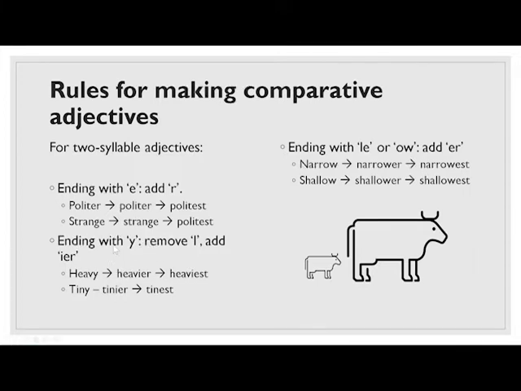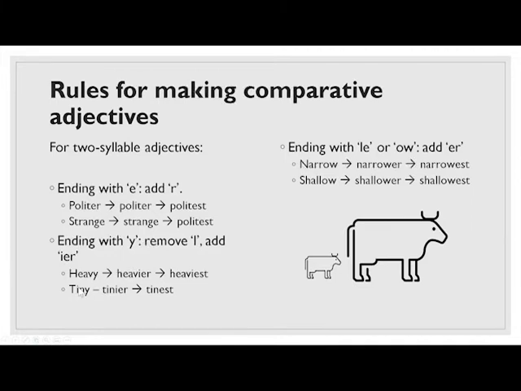But if the adjective is ending with y, we remove y and add ier. So heavy, for example, ends with letter y, and we change the y to i and add er at the end. It becomes the comparative form of the adjective. And if we want to make it superlative, we replace the y with iest, so the heaviest.